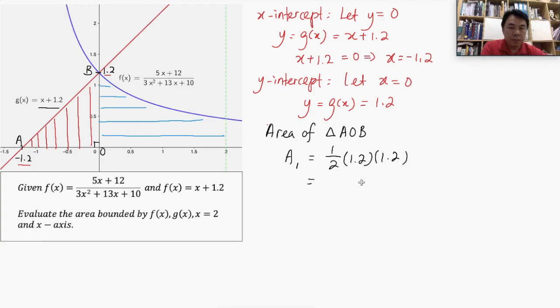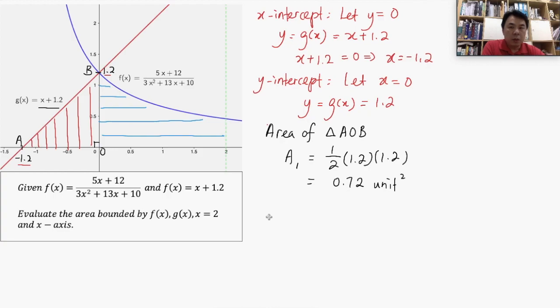So in this case you get 1.44 over 2, which is 0.72 unit square. Right, now that's the area for the triangle AOB.